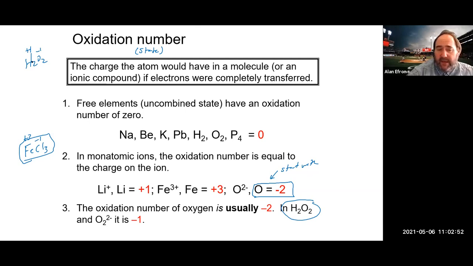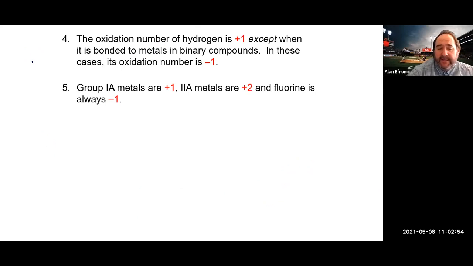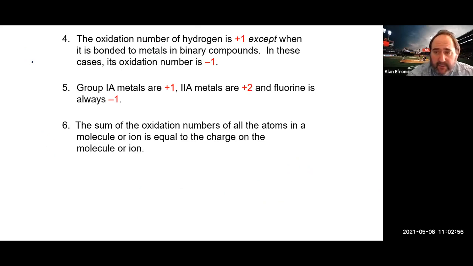When we talk about the oxidation number of hydrogen, it is +1, except if it is bonded to a metal in a binary compound, where it comes second. In that case, it would be like what you learned in nomenclature. We would call this lithium hydride. Here, the lithium would be +1 and the hydrogen would be -1.